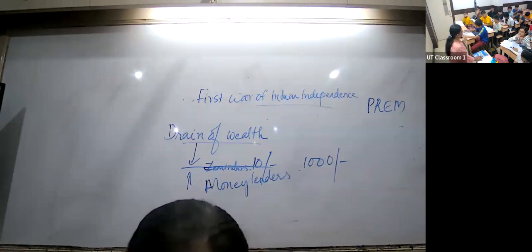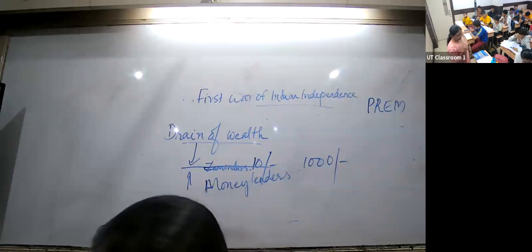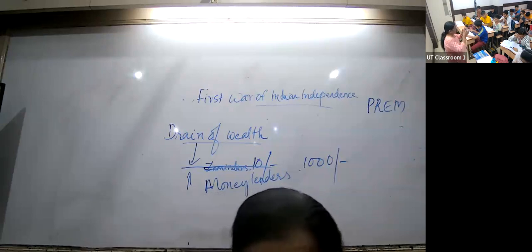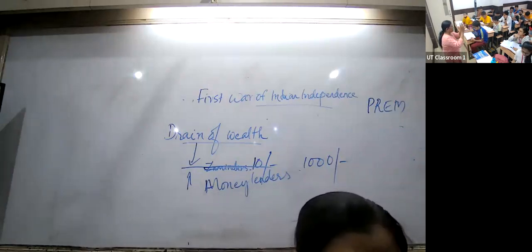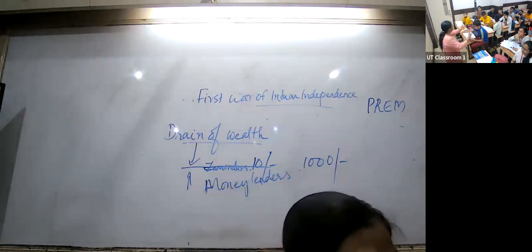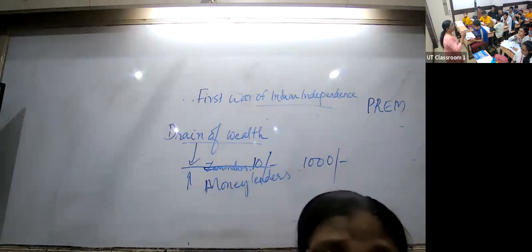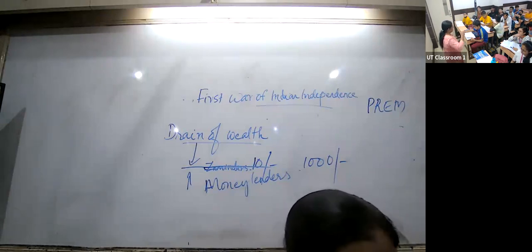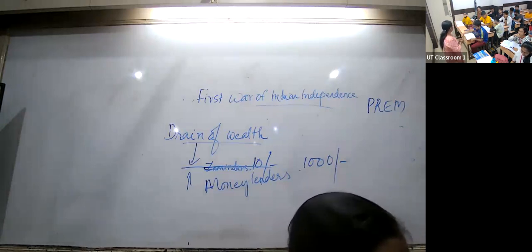What was that? Secretary of State for Indian Affairs. That person was from the British cabinet, equal rank, the officer to look after Indian Affairs. India Council was formed to administer India.